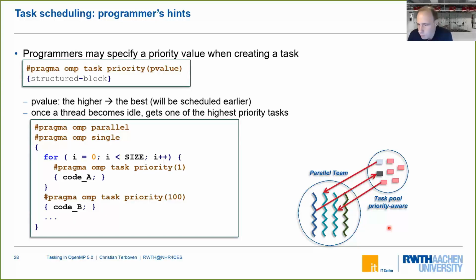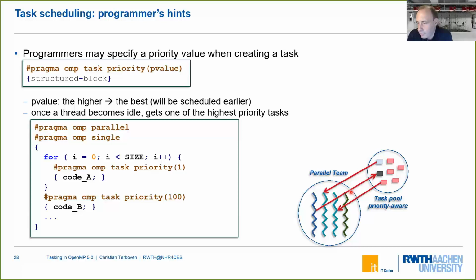So the first is a so-called priority clause. Assume that we have a team of threads that's available to execute tasks that are ready in the task pool. I believe in this talk I didn't say it explicitly, but the Sudoku example I think gave you an impression. If you have, let's say, 64 threads running on your system, you can have millions of tasks during the execution of your program.